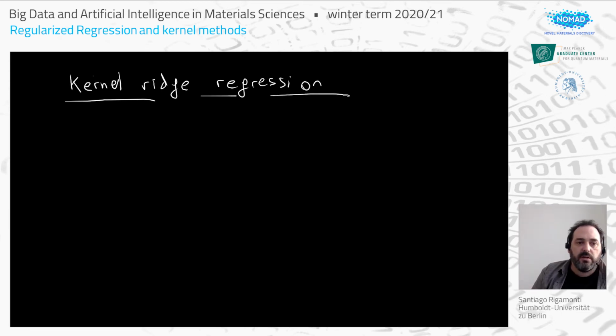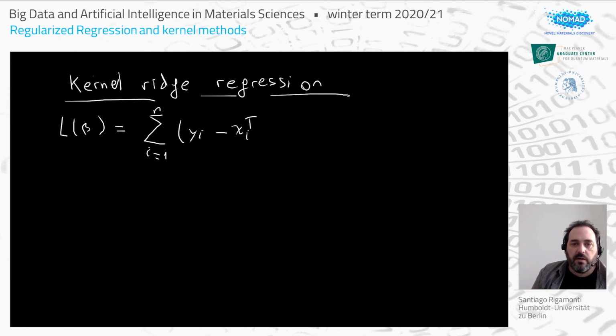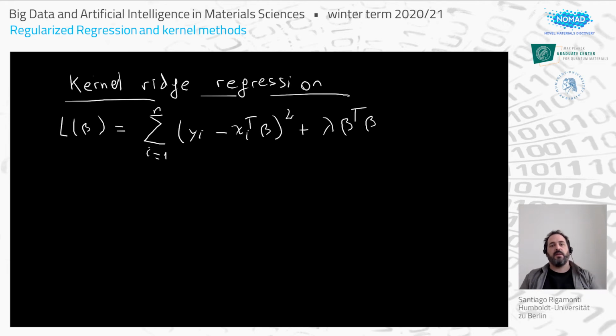So we start with the following loss function that is more or less what we had before, but I will write it in a different way now, using vectors in row space. Instead of putting the L2 norm, I write it in this way. So we have this plus our L2 norm. It's the same as without the word kernel; this is exactly the same as ridge regression.